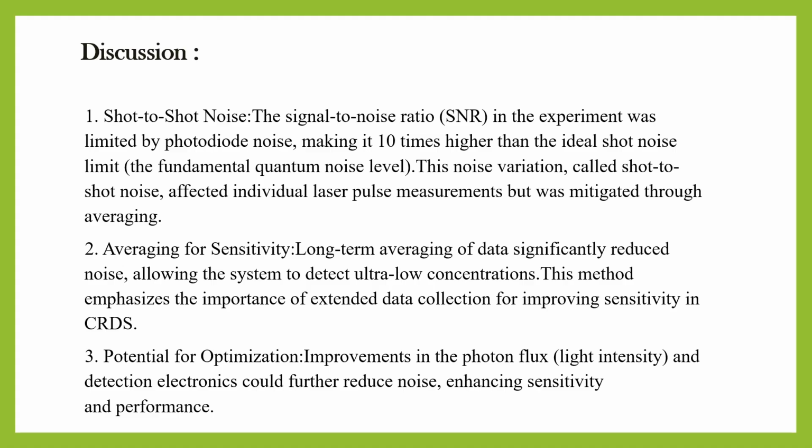Second is averaging for sensitivity. Long-term averaging of data significantly reduced noise, allowing the system to detect ultra-low concentrations. Third is potential for optimization. Improvement in the photon flux, light intensity, and detection electronics could further reduce noise, enhancing sensitivity and performance.